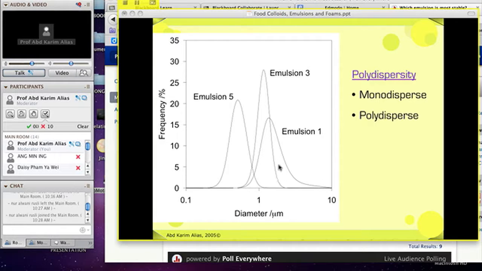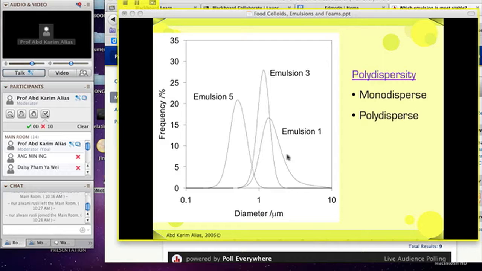So this is one way we can monitor or measure the emulsion stability, by looking at the droplet size distribution using an instrument. This is one important aspect of emulsions that you have to understand, which is how we can measure the emulsion stability.